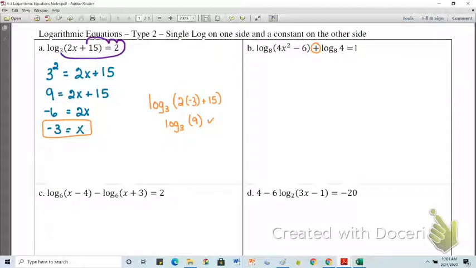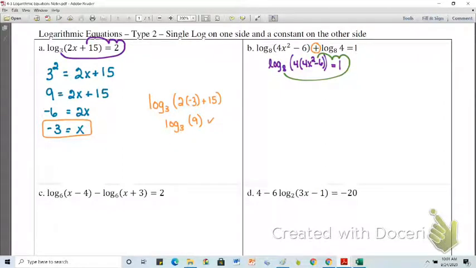So plus really means times, so I end up with log 8 of 4 times 4x squared minus 6 equals 1. Now we can go ahead and draw our hand and convert because I have log equals number.